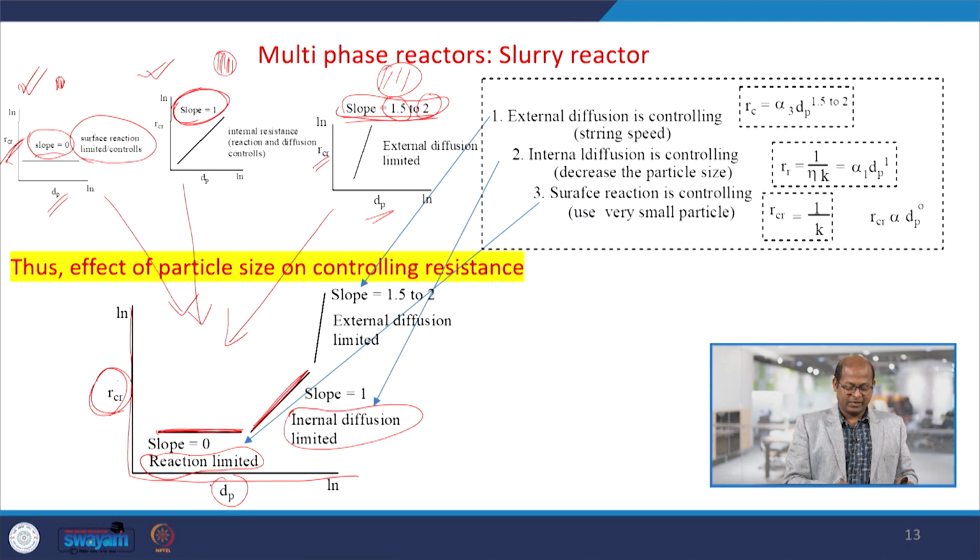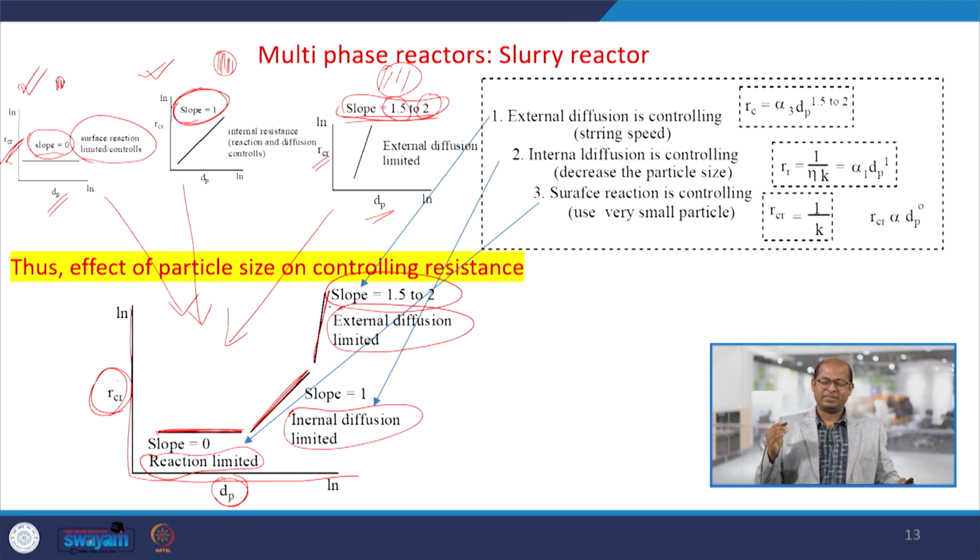If we plot Rcr against dP and the slope is 1.5 to 2 for this line, then we can say external diffusion resistance is limiting, meaning external diffusion from the bulk liquid to the external surface of the catalyst, the mass transfer, is limiting for this particular system.